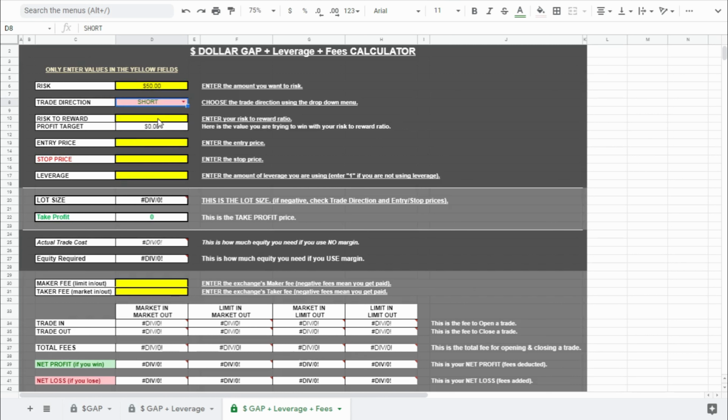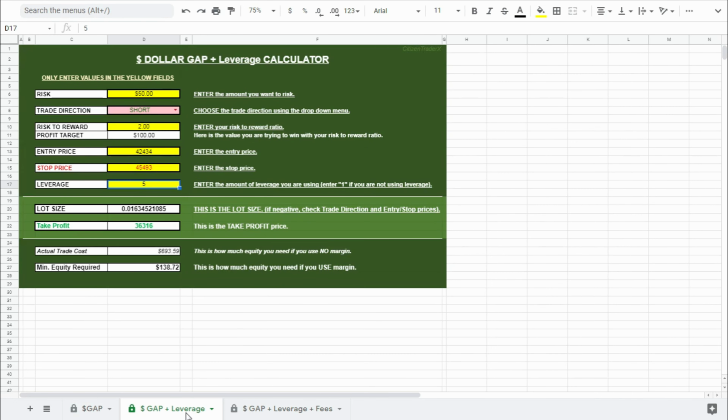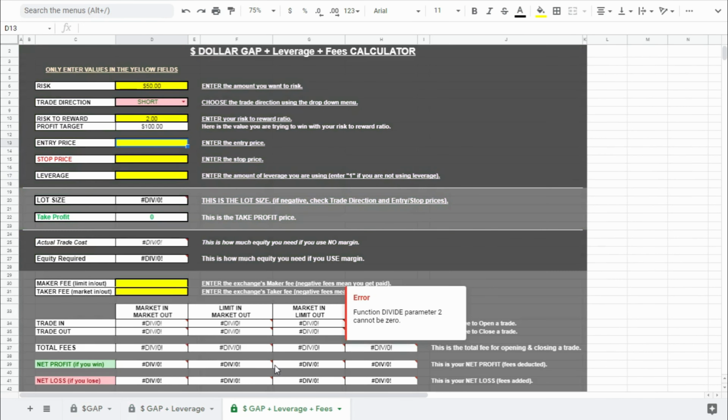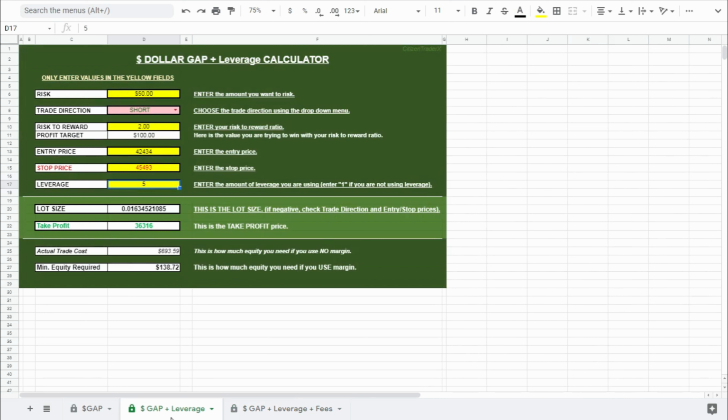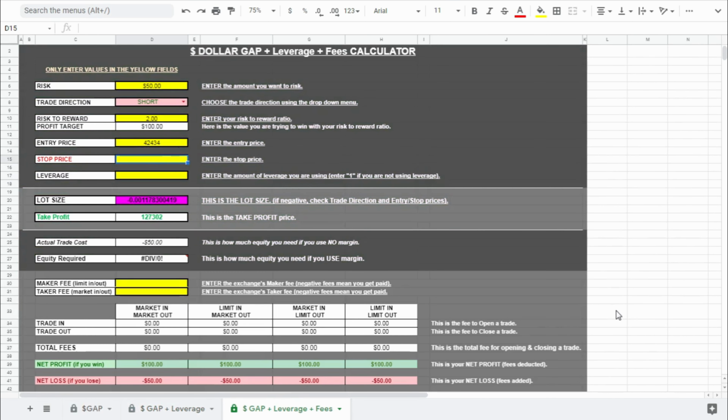Shorts, what was it, 2, entry price 42,434, stop price 45,493, leverage was 5, correct?